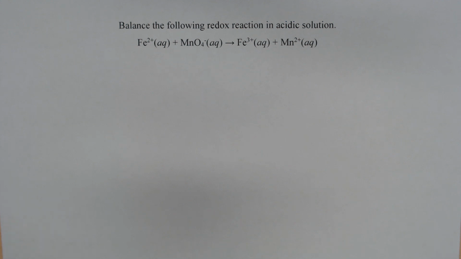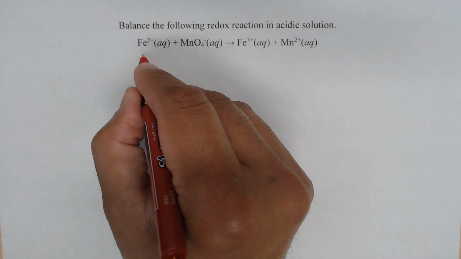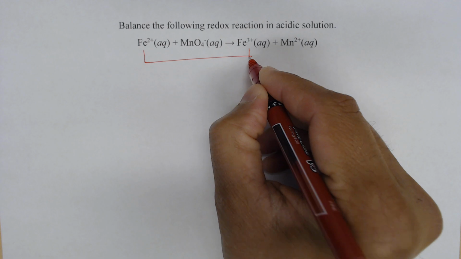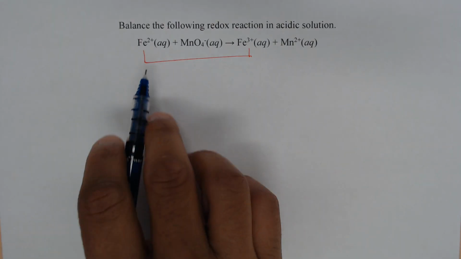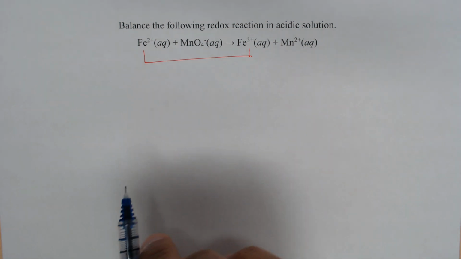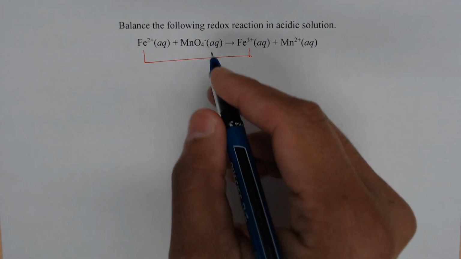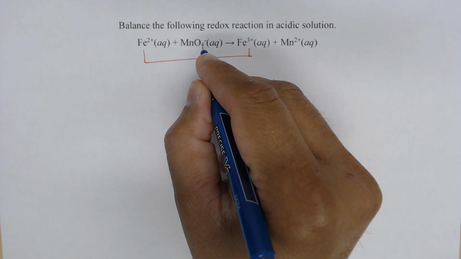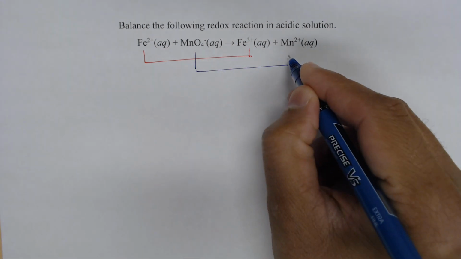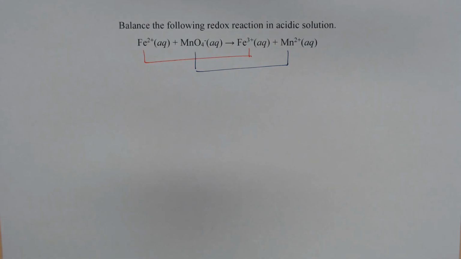In the half reaction method, we'll tie up these species that are related, for example, the iron 2+ and the iron 3+, and then we have another species here, the permanganate, MnO4-, and that's related to our manganese 2+, of course.